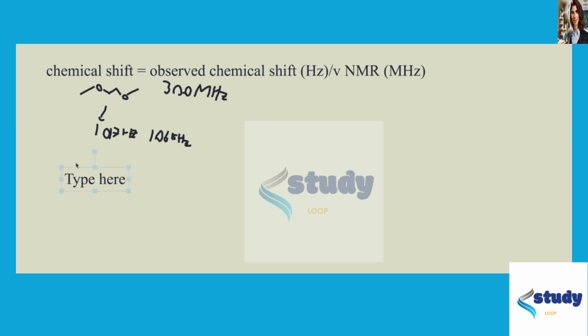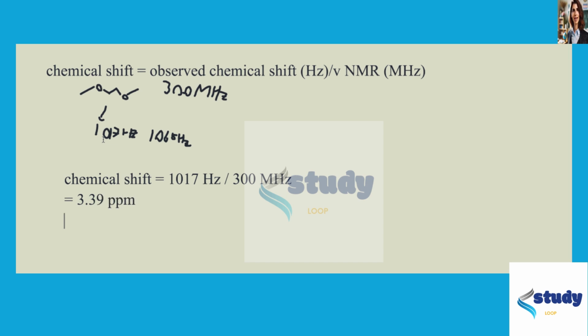So we know that for this signal here, the 1017 signal, our chemical shift equals our observed chemical shift at 1017 hertz divided by the operating frequency of our magnet being 300 megahertz. This gives us a chemical shift value of 3.39 ppm.